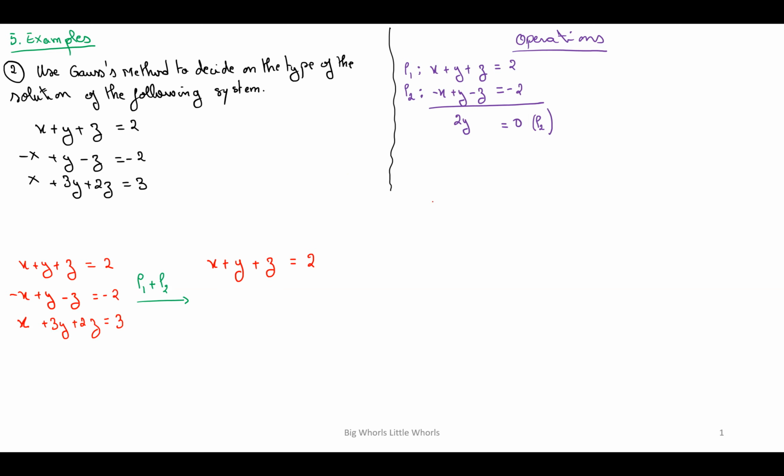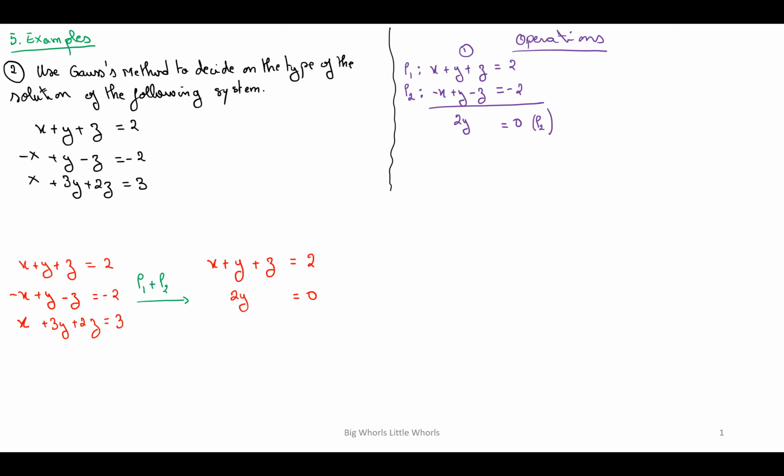If you think that this question is a bit faster, maybe go and look at our previous video, the previous question in this tutorial. It was a bit longer. So our new row 2 is 2y equals 0. That was our first operation here.